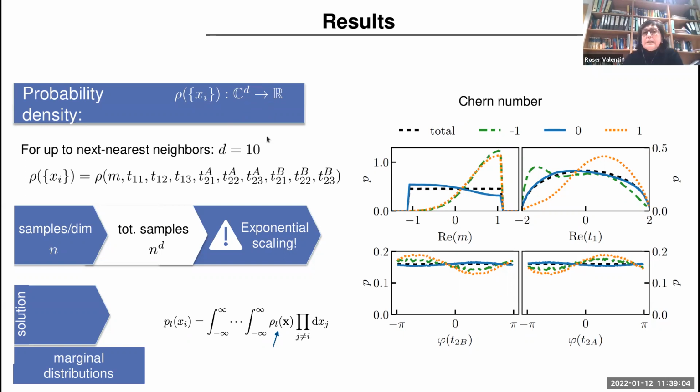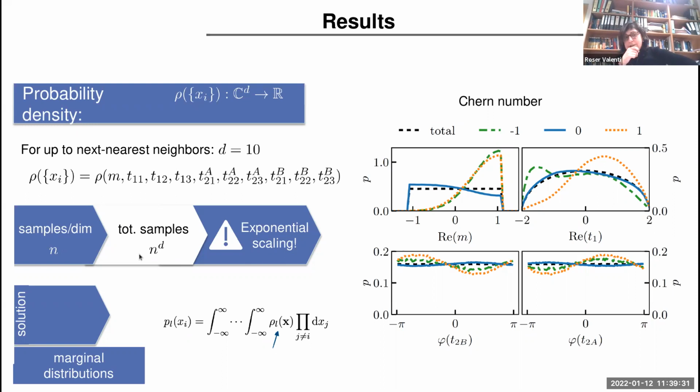And if we are having samples that have up to next nearest neighbor tight binding parameters, we are having a dimension of 10. And if we want to do good statistics, we need of the order of 10^6 to 10^8 samples. So in fact, we have exponential scaling. So it is not possible to do this type of calculation.